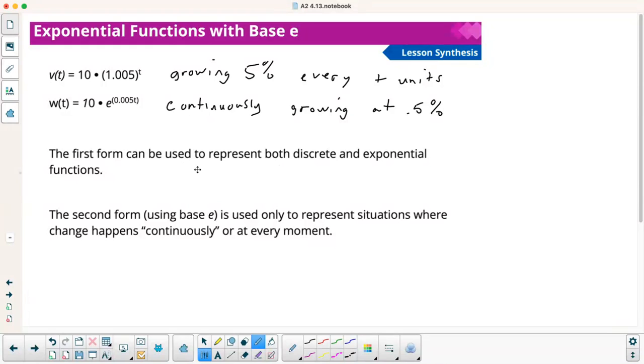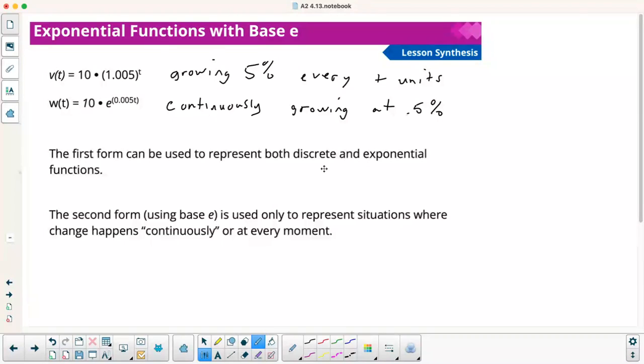The first form can be used to represent both discrete and exponential functions. The second form, using base e, is used only to represent situations where change happens continuously. So that's basically what I wrote here. This is only happening at the end of every time period.